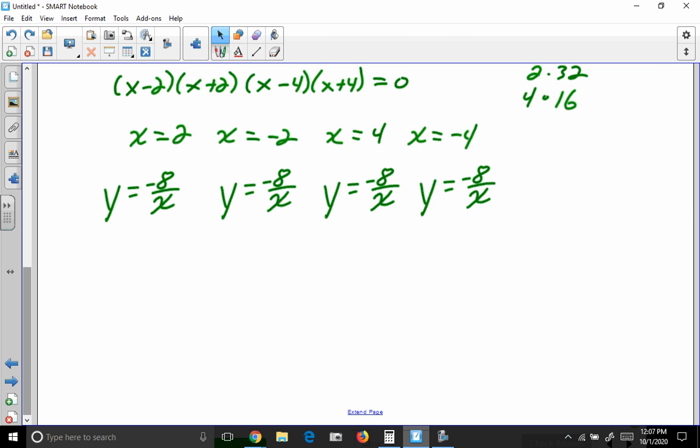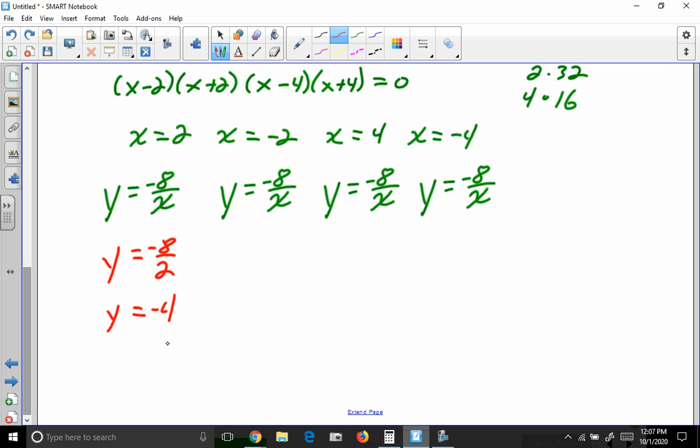So we can take each x, replace x with each of those, and that'll give us the corresponding y. So negative 8 divided by 2 is negative 4. So that gives us an ordered pair. Let's see, on the next one, if we take negative 8 and divide by negative 2, we get 4. So that gives us another ordered pair.